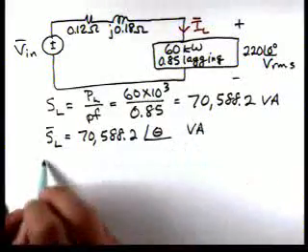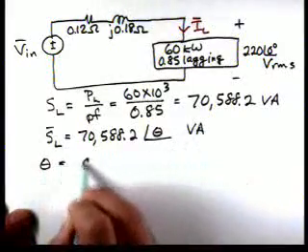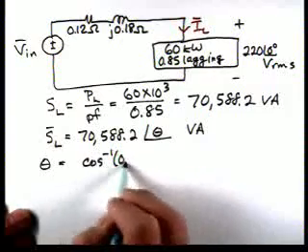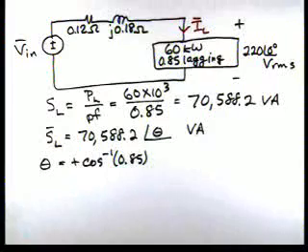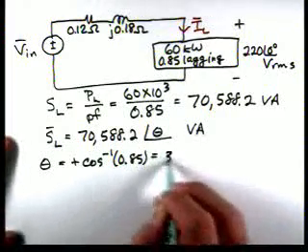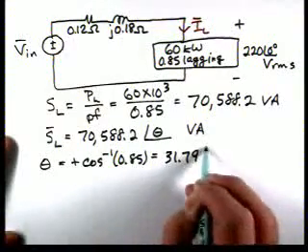And theta we can calculate from the power factor. It's cosine inverse of 0.85, and it's going to be positive because it's a lagging power factor. If we'd been given a leading power factor, the angle would be negative. So this is 31.79 degrees.